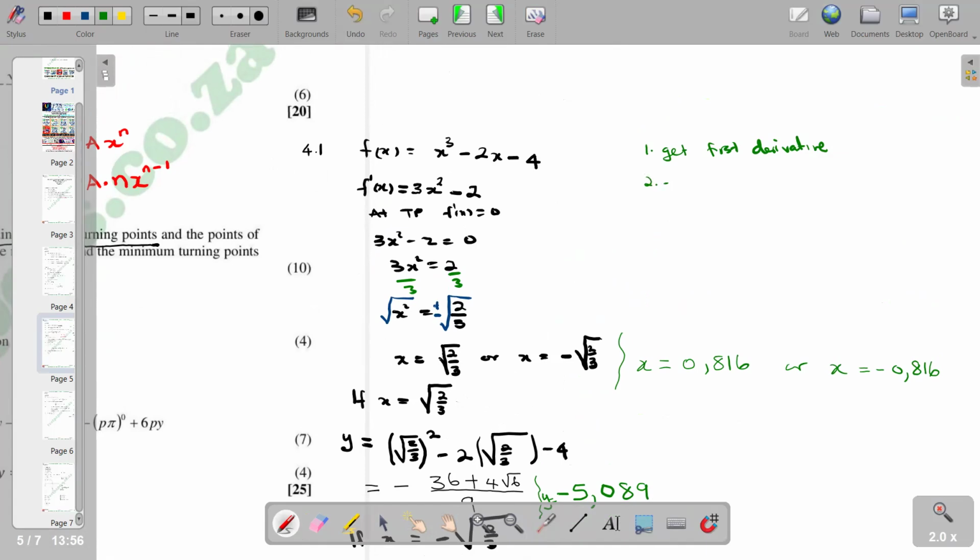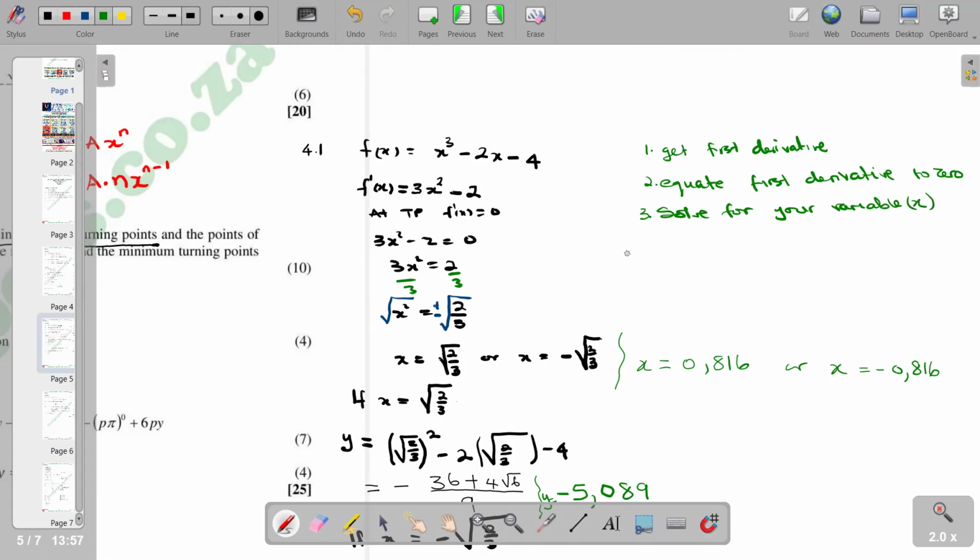Number two, equate the first derivative to 0. Number three, solve for your variable. In this case, we were solving for x after equating to 0.